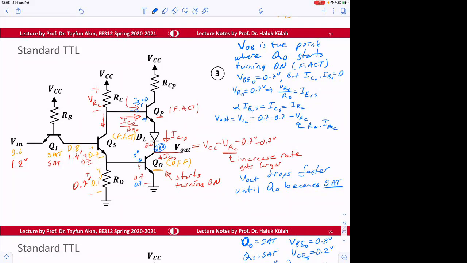And what was IRC? IRC was this, and then what was this? This was this. So that depends on the resistance values, RD and RC. But that's how this value of Vout is called VOB. Is that clear?